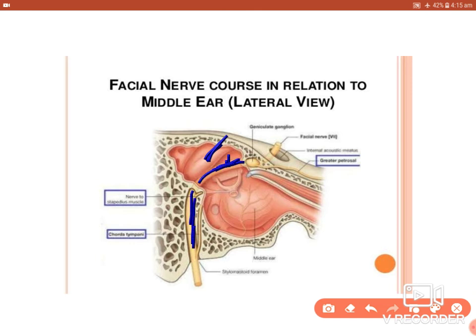This is the internal auditory meatus, or acoustic meatus, through which the facial nerve enters the middle ear. This is the oblique course, this is the vertical course, and it exits to the exterior of the skull through the stylomastoid foramen. Here in the posterior wall, you can see the facial nerve is also there, then the prominence of the lateral semicircular canal.